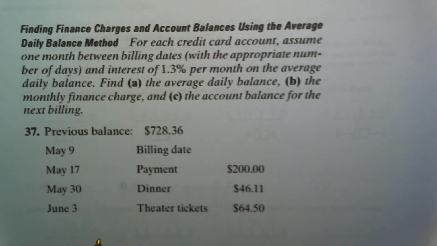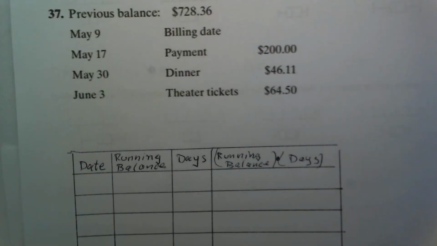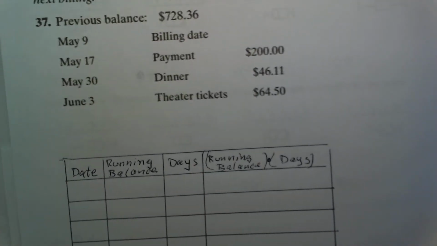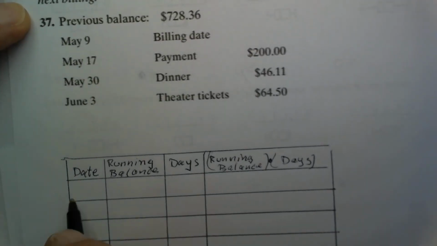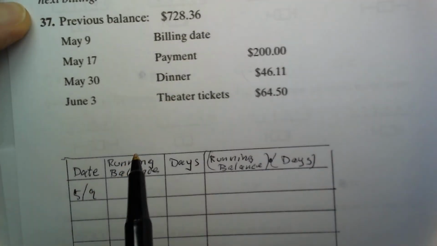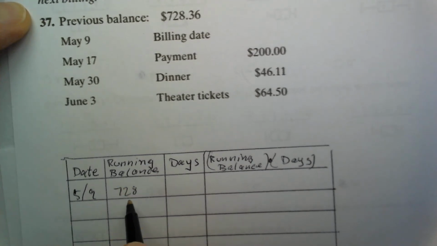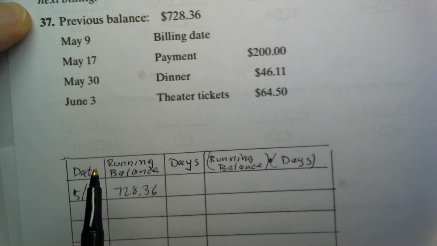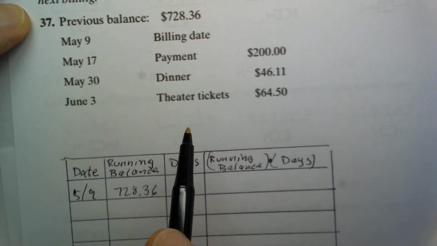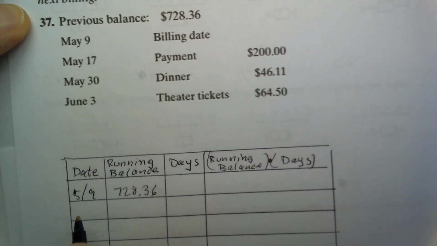So the best thing is to set up a little table for all this information. So we begin with the date of May 9th, so 5/9, and the balance is $728.36. Then on May 17th, we have a payment of $200. So 5/17.